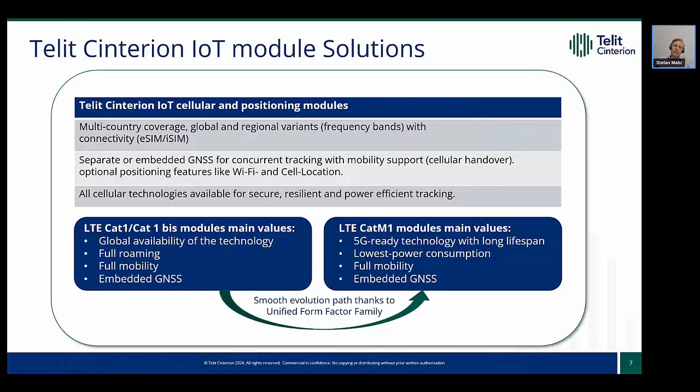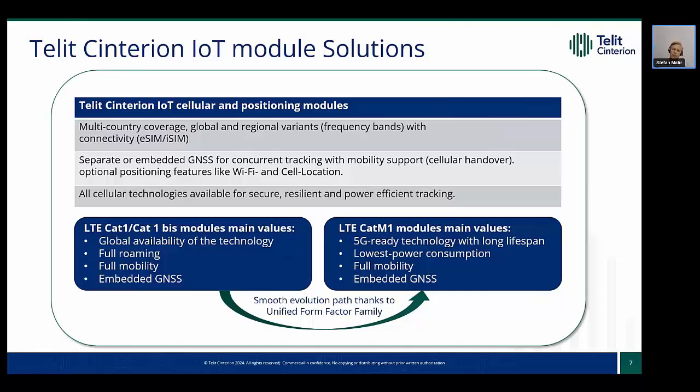For continuous GNSS positioning, you select a module with embedded and concurrent GNSS. Concurrent means here GNSS reception while cellular transmitting. Also, you may use additional features for location services based on Wi-Fi and cell locate, as I mentioned before.